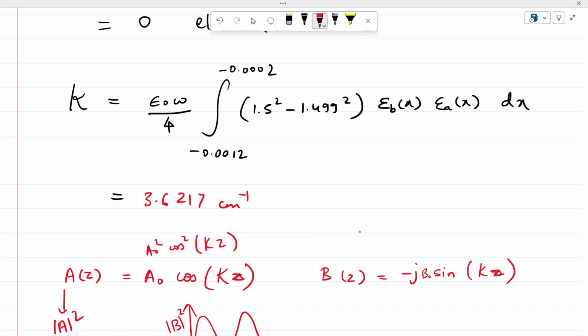So yeah, you will use the perturbation theory approach in all the cases that we saw, and we saw that the overlap of the perturbation with the electric field amplitude in the waveguide determines how much is the coupling coefficient, and how much is the coupling coefficient determines how the power couples. So how fast or how slow the power couples. If kappa is larger, then I would have had faster sinusoidal variation. So yeah, that is all we saw today. We will meet in the next class.